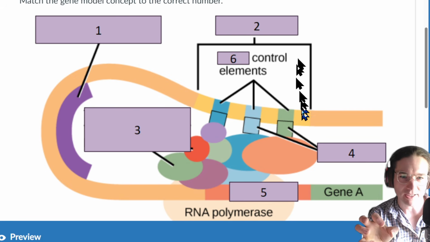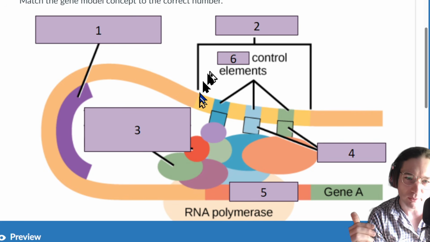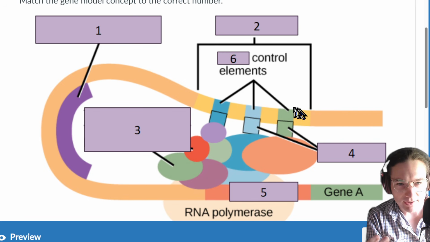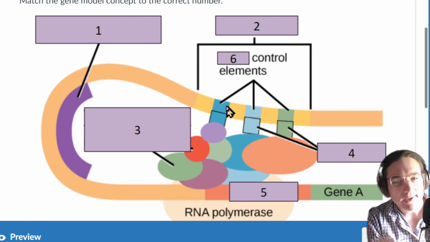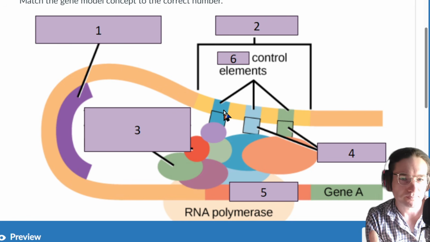Because 2 is trying to encompass this whole region. So we call this whole region of DNA the enhancer. The enhancer is complicated and there's parts to it and things bind to it and interact with it. But the region of DNA that does all of those interactions and gets interacted with is called the enhancer.